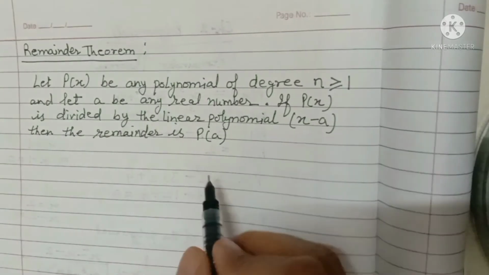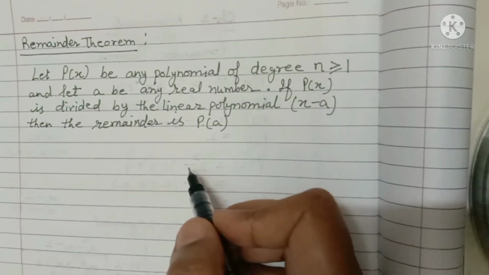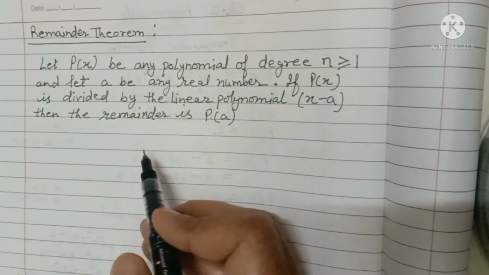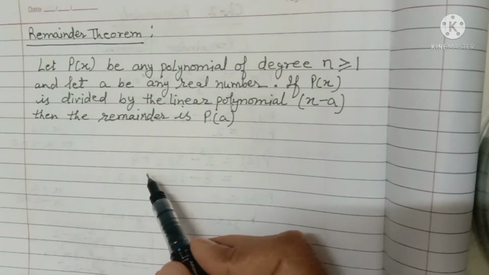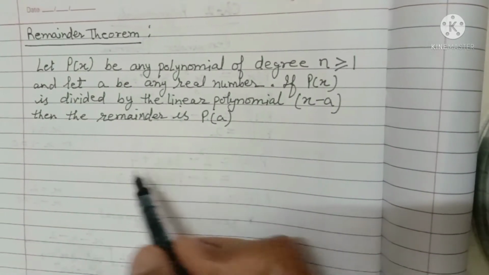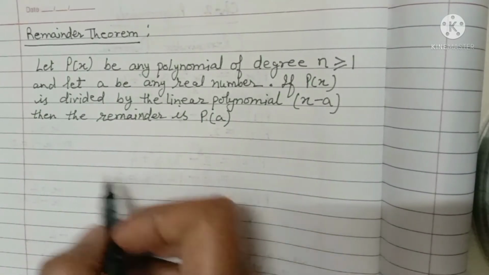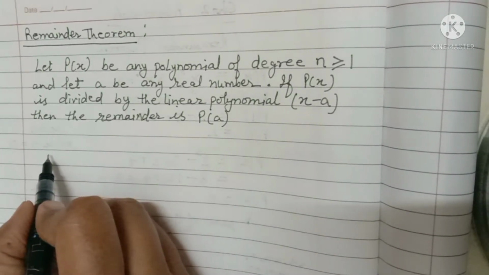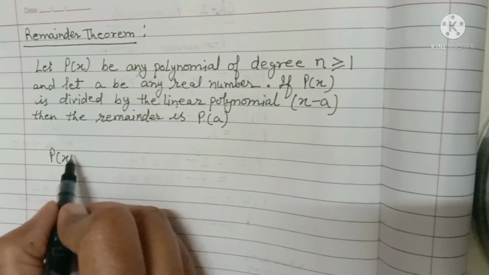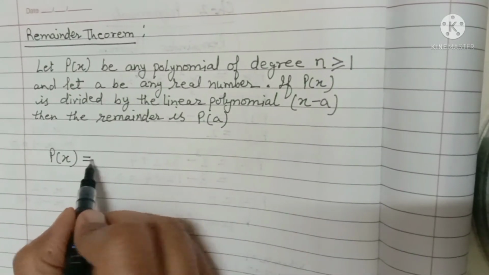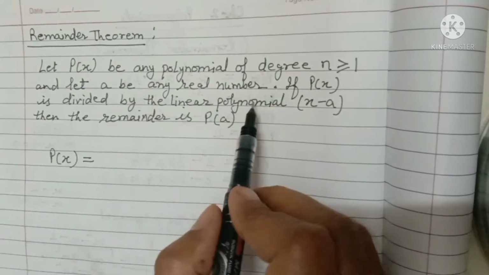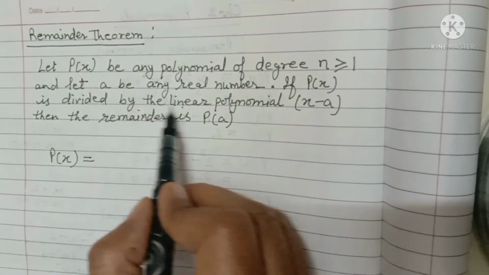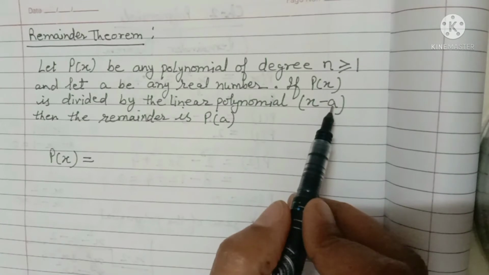Now students, you know the relation between the dividend, divisor, quotient and remainder. So we are writing here that p(x) is a polynomial, and this polynomial is divided by the linear polynomial x minus a.